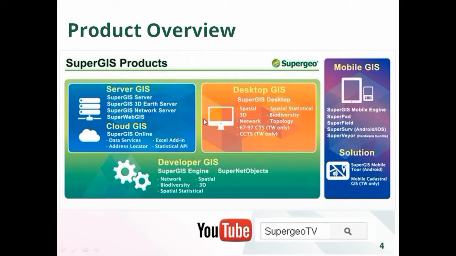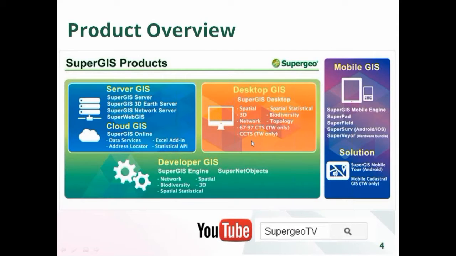At the very first, I would like to show you the product roadmap of SuperGIS. SuperGIS is a global GIS software provider and has been dedicated to developing complete GIS solutions for over a decade. So users can conduct their GIS projects easily with SuperGIS products. For example, users can collect spatial data in the field by using the SuperGIS mobile series, and then edit and analyze this data in the office with desktop GIS.